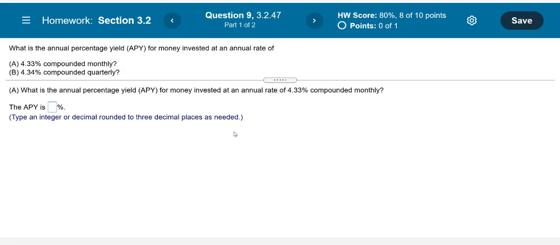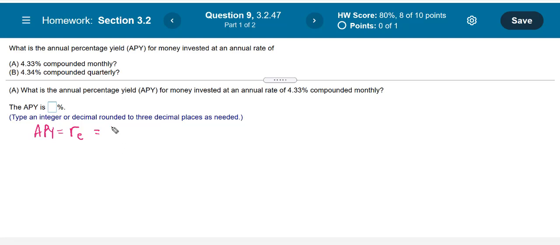There is a formula for annual percentage yield, APY, also known as effective rate, on your formula sheet. It's also in the lesson video. Effective rate. I may also have the APY, I'm not sure. However, the formula goes like this.